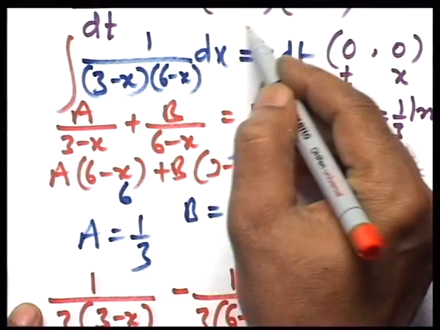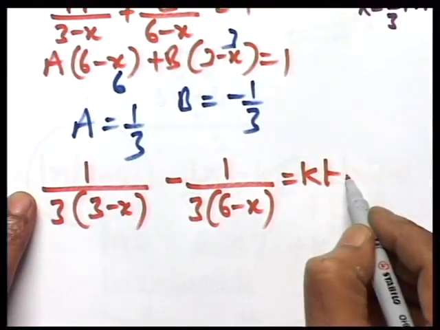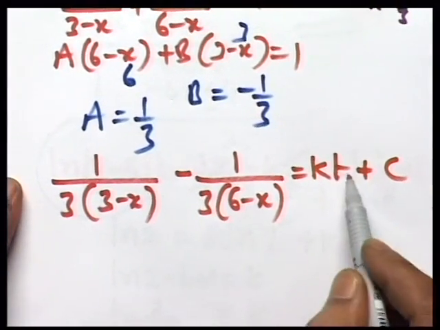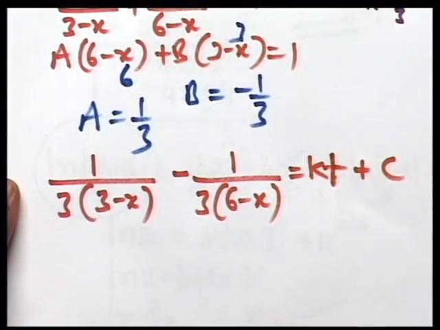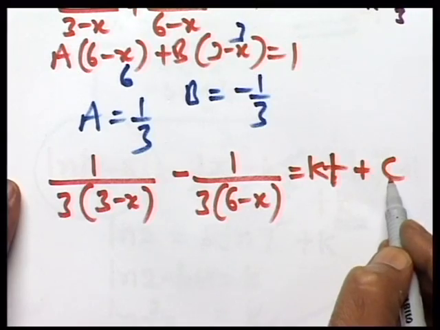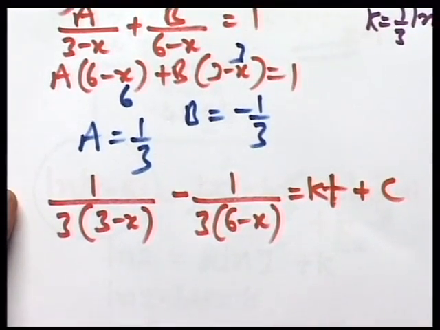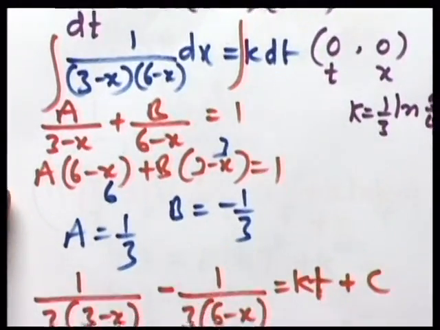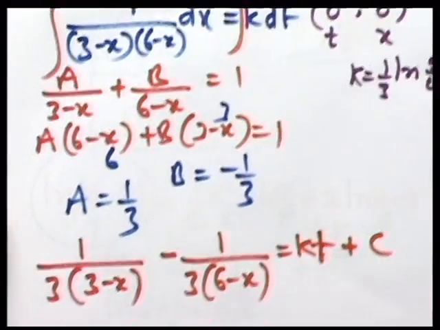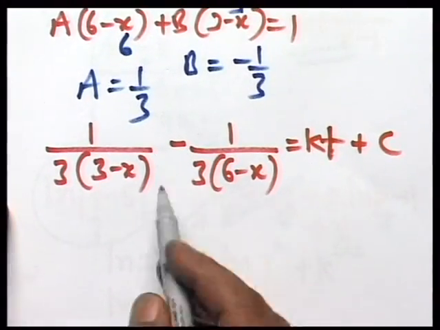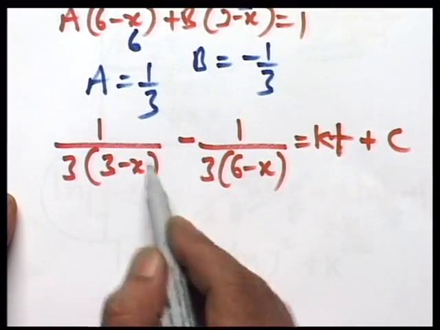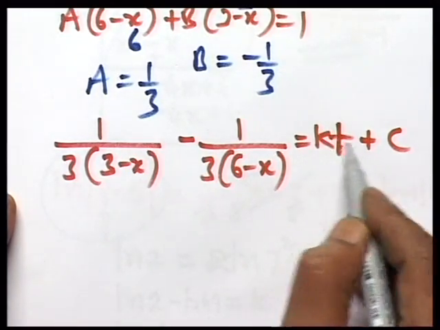If you integrate on both sides, please, that's kt plus c. So we have two unknowns and we need to find out c first to find k, right? Initial condition we know, that's 0, 0, please, it's on there. Let's integrate this first. We did not integrate the left hand side yet. Right hand side we have done.